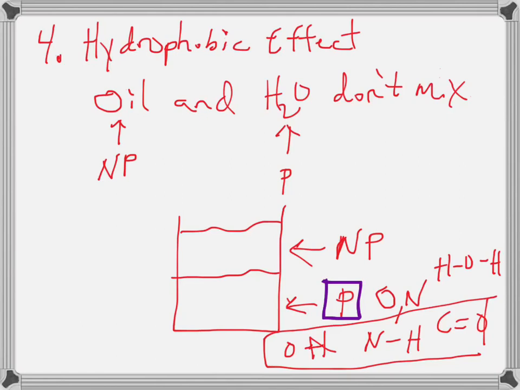A nonpolar environment or a nonpolar bond is one that doesn't create any charges or any partial charges. So the one I mentioned today in this video was the carbon-carbon bond, very nonpolar. Carbon-hydrogen, very nonpolar. And so just by knowing some of these bonds, we can tell which ones are nonpolar, which are these two.